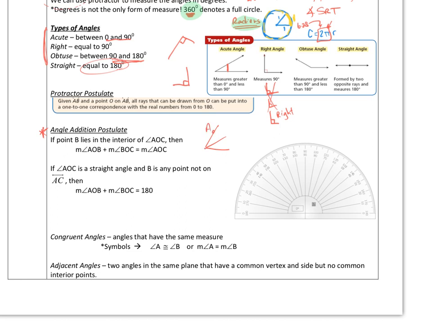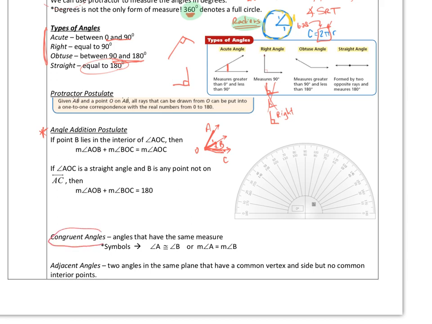Here's A, I can put point O, and I can put point C right there. And B is somewhere in the interior, and I draw that angle. Well, then I can add up angle AOB plus angle BOC to get angle AOC. So I can add those two angles up. So you could say angle 1 plus angle 2 if I label them in there.